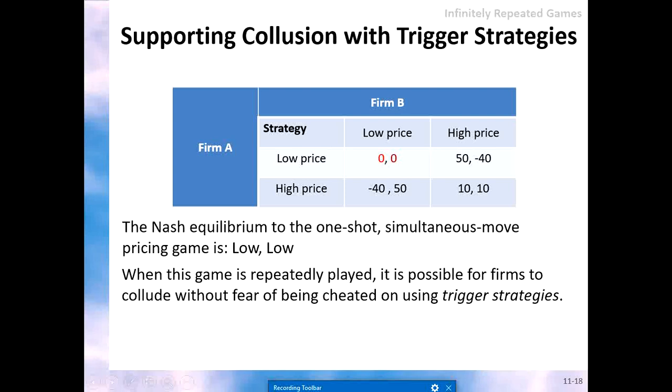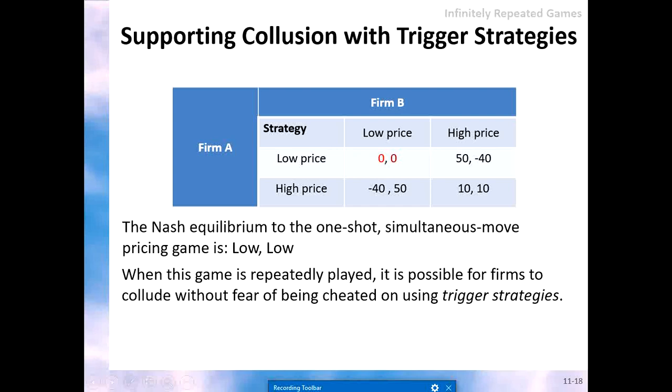This means that the two firms will come to an agreement to charge a high price, and they don't fear that either of them will cheat, because if firm A cheats, then firm B will punish firm A by charging a low price all other times. And if firm B cheats, then firm A will punish firm B by charging a low price all other times.